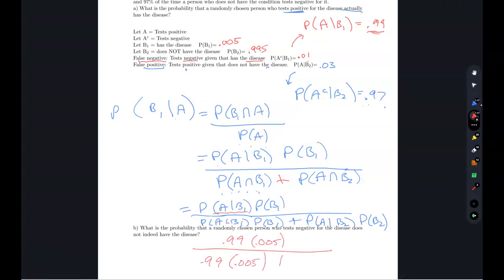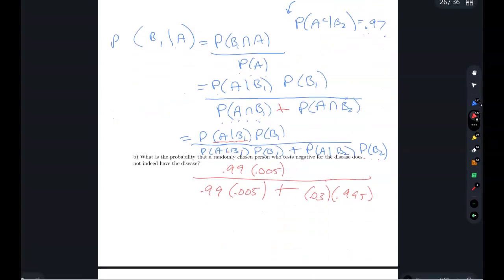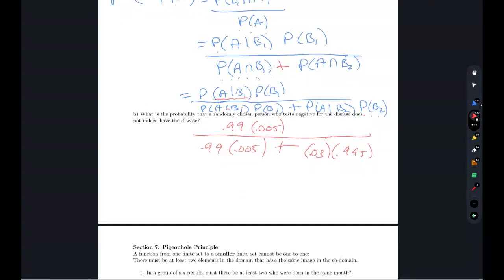Remember, those two will be the same. Plus the other one, making the denominator larger: the probability of B2 is 0.995, and the probability of A given B2 is 0.03.